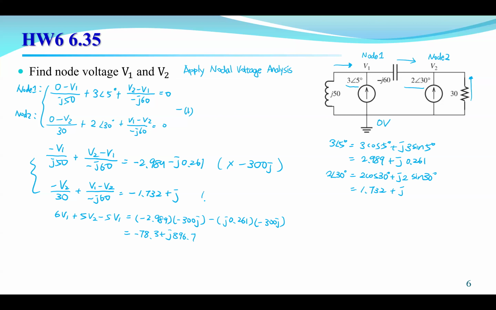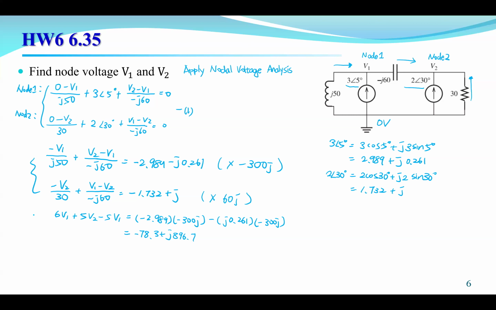And the second equation, we multiply by minus j60. Either j60 or 60j works.